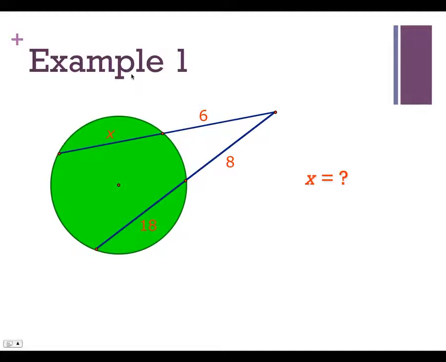Depending on how well you get this, you might want to start back at square one and say, where's the vertex? It's outside the circle. Therefore, we're using secant stuff.